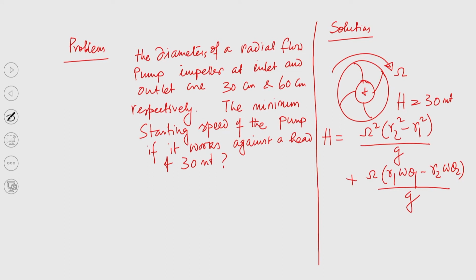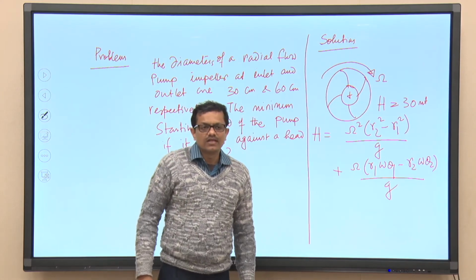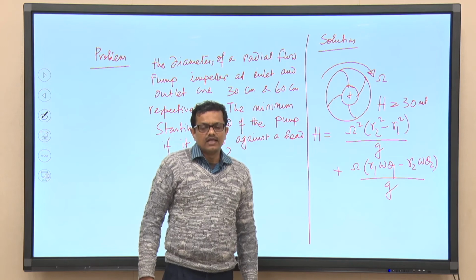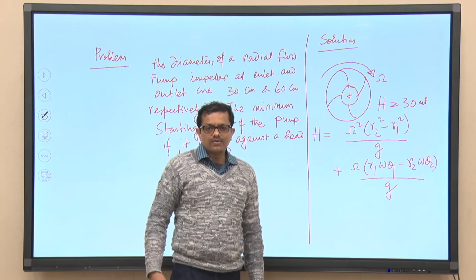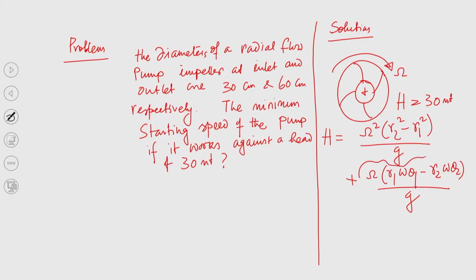Radial flow pump, normally the blades are designed following the logarithmic spiral. If that is the case, from today's class we have understood that this quantity will be 0. If this is 0, then what is h?